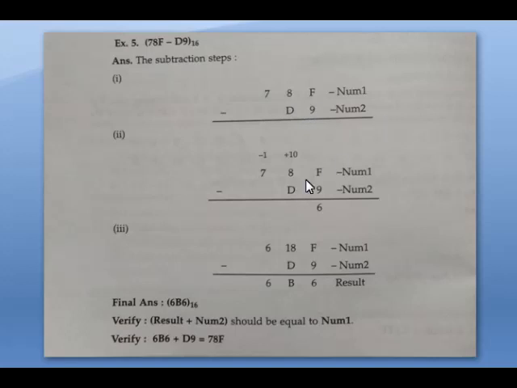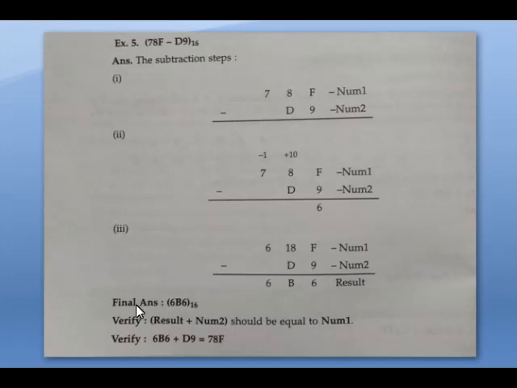F minus 9: 15 minus 9 is 6. Then again, we will borrow 1 from here and it will become 10. Like this it is going on.